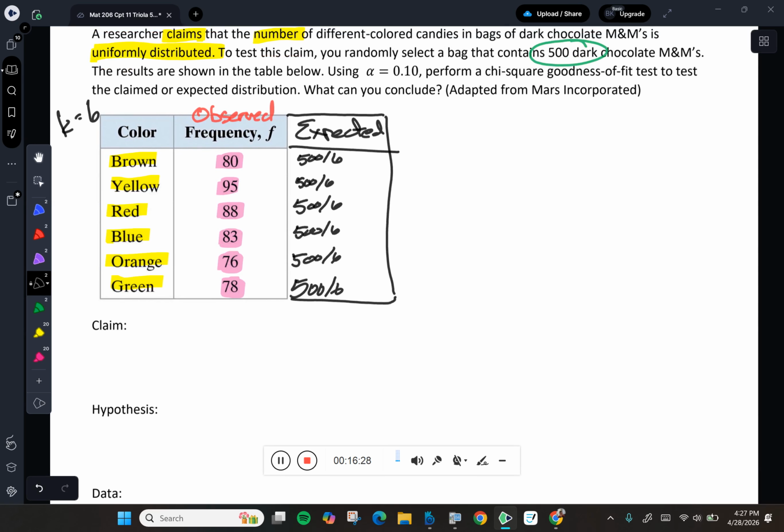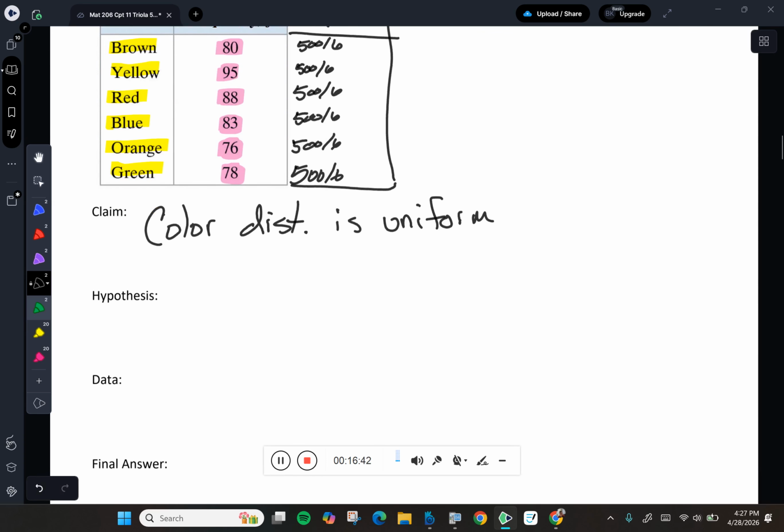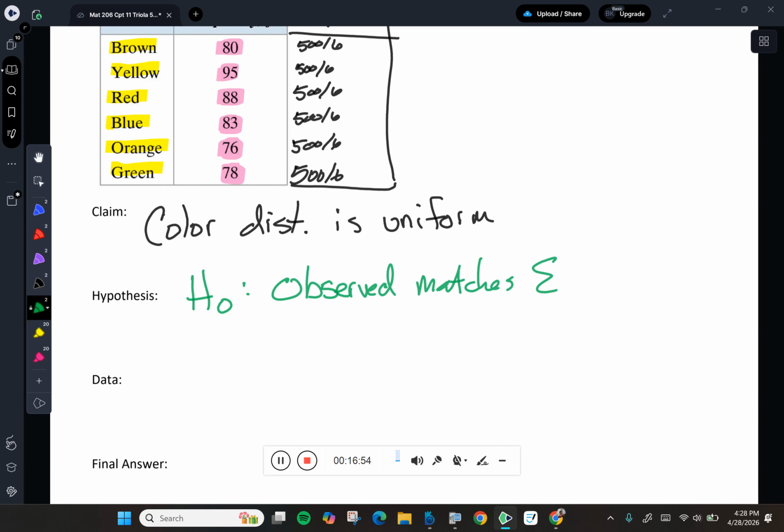So our claim is that the color distribution is uniform. Our hypotheses are that the observed matches the expected.